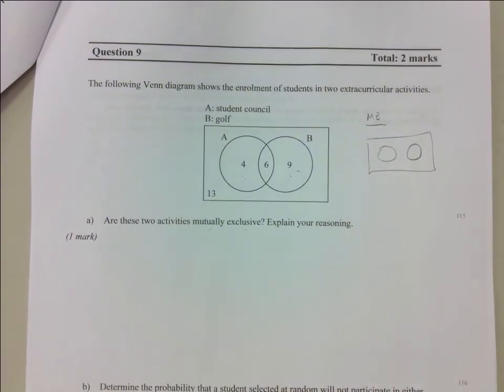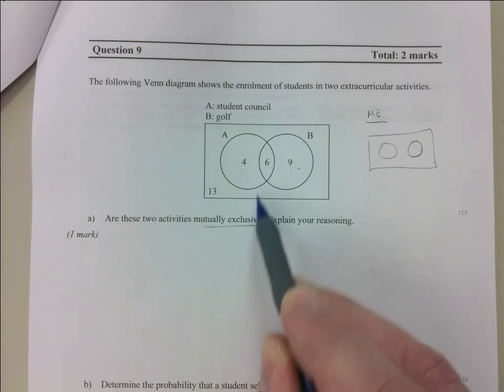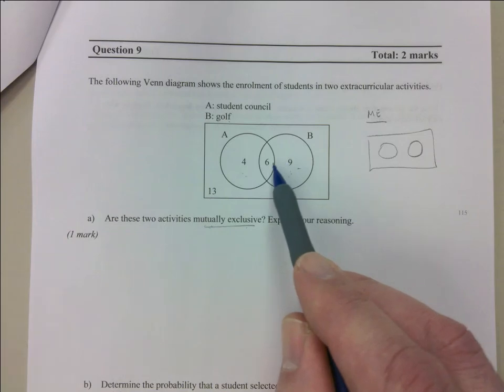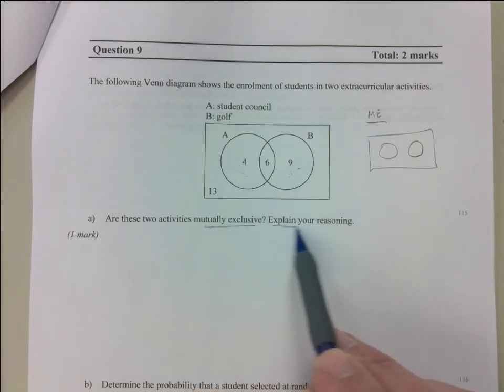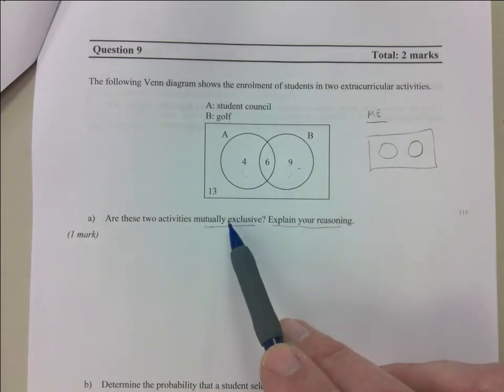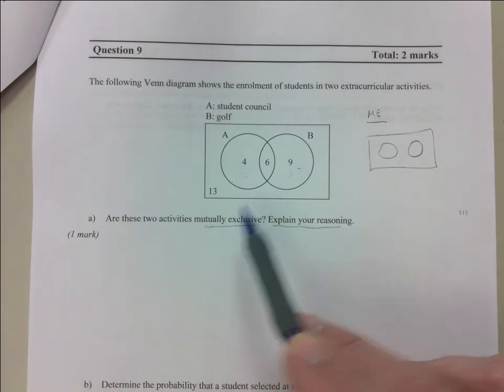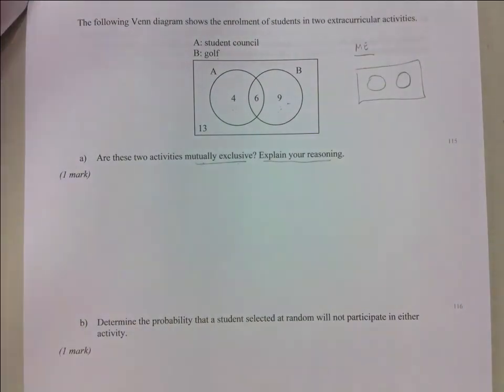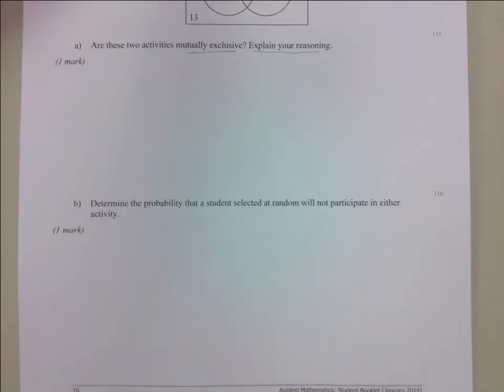There should be no overlap if events are mutually exclusive. And this one is obviously not mutually exclusive because they have an overlap, right? So you would just say, explain your reasoning: these are not mutually exclusive, and so on. I'll let you do the rest. What about this one?